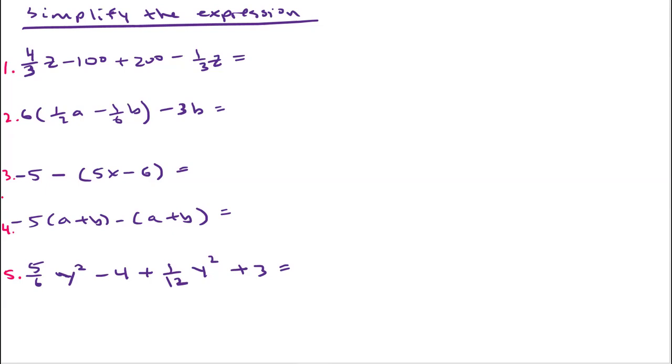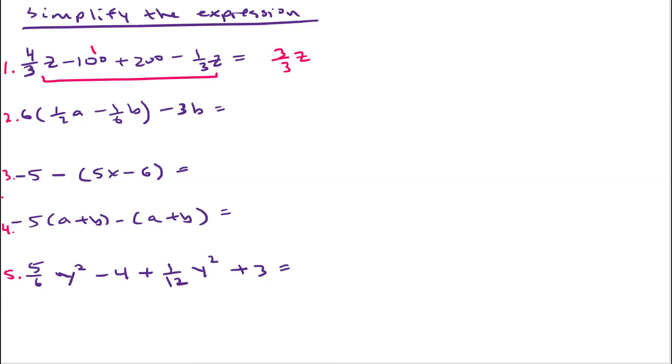So we have 4/3. Okay, so we're going to combine these together, 4/3, and then -1/3. So 4/3 minus 1/3 is going to give us 3/3, right? Because 4 minus 1 is 3, and the 3 stays the same. So we get 3/3 z.